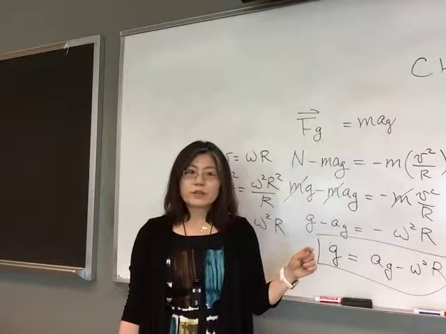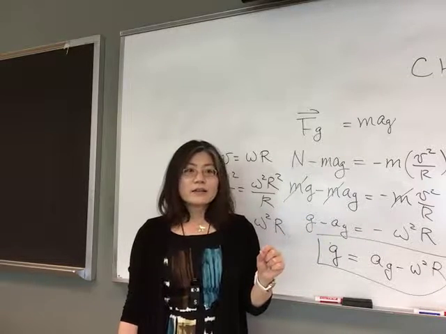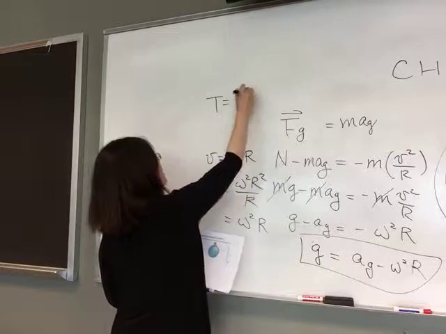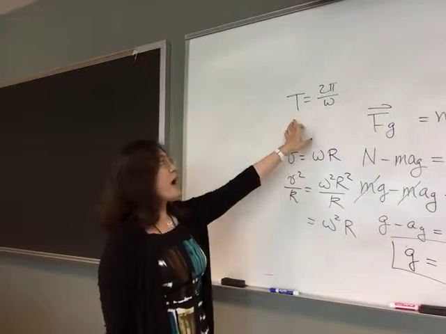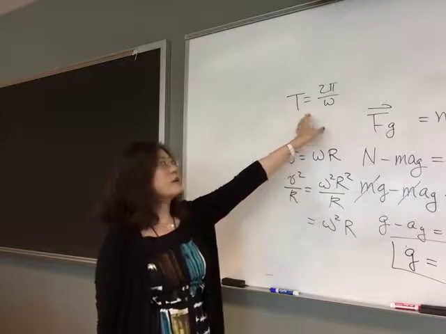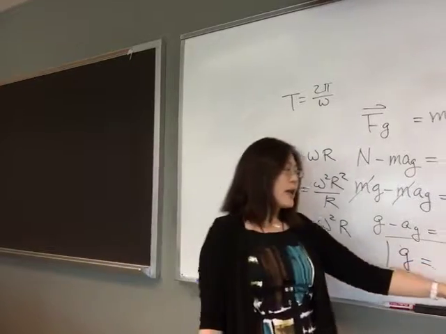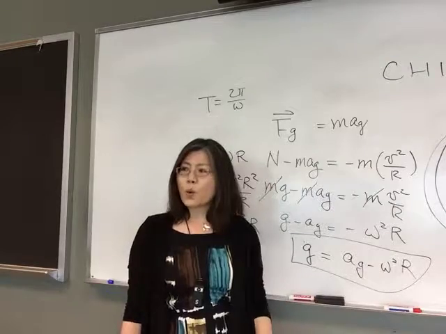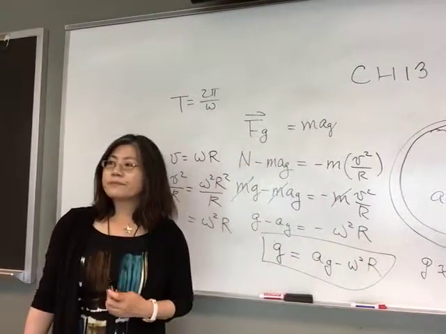So you have the period. Omega and period are related to each other like this, right? So if you have 24 hours converted to seconds, then you can calculate your omega. You'll find that your omega, after you multiply by r, is actually a very small number. So that's why you can use that approximation. Okay? All right.